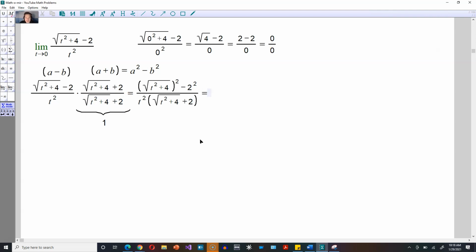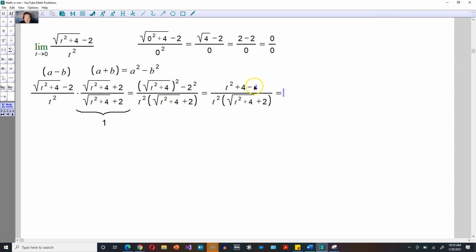Now on the top you have to simplify things a little bit. Remember that the square root symbol and the 2 power are opposites, which means you can cancel them off, and you end up with t squared plus 4. Now negative 2 squared is negative 4, and on the bottom you still have that t squared with the rest of it.